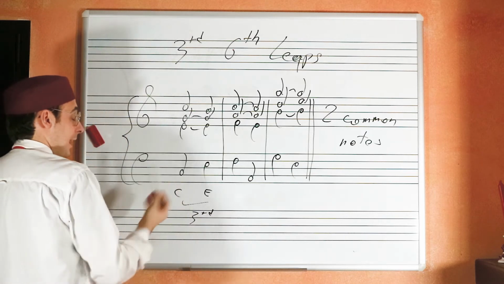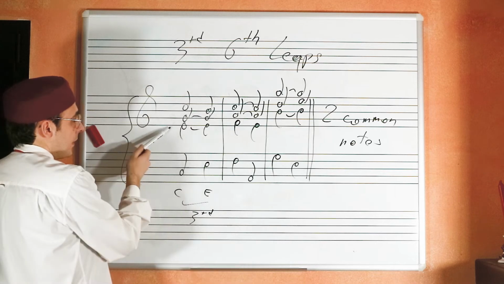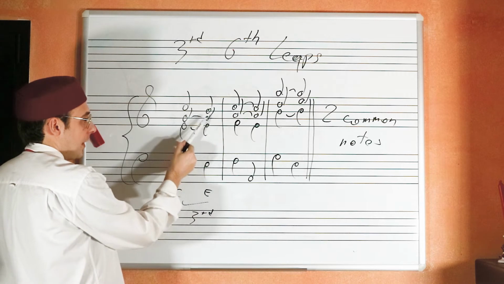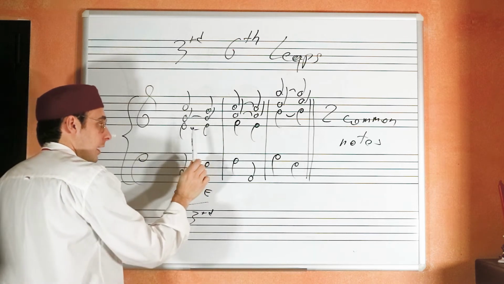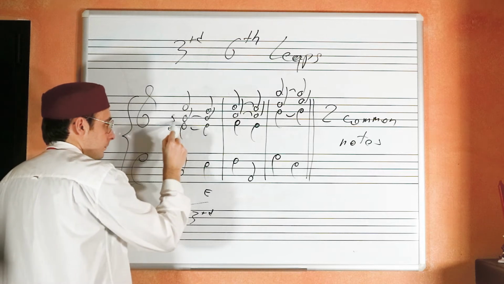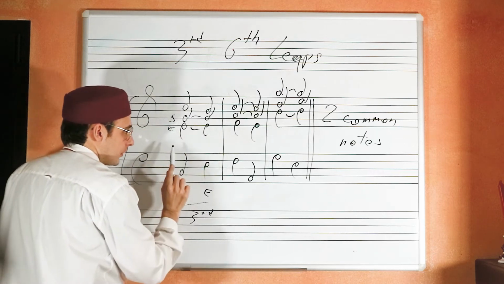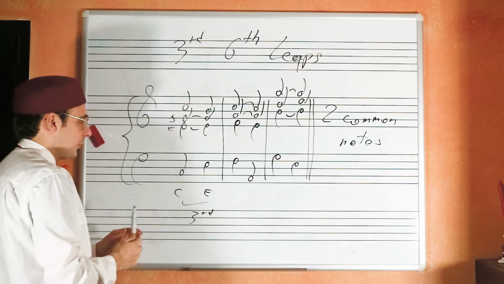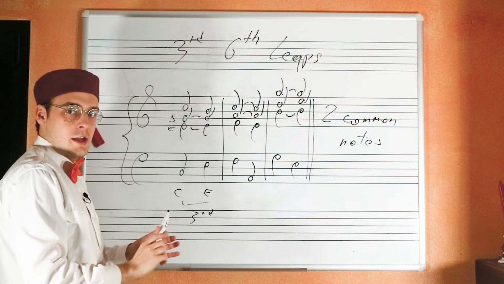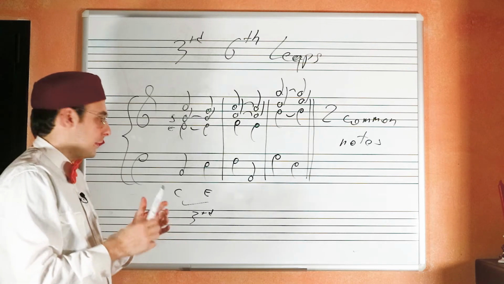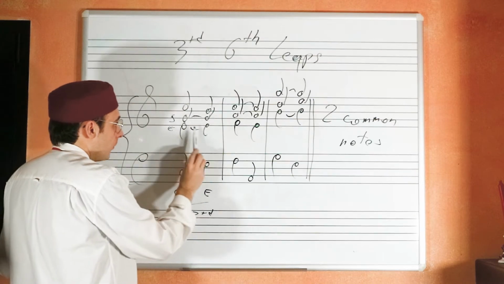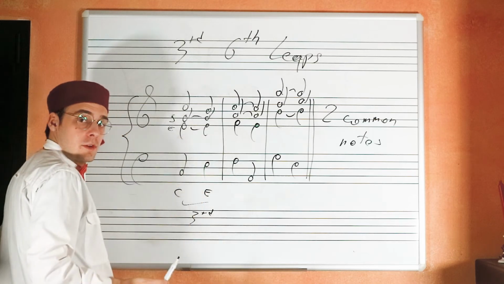So in the right hand, in the harmony, I play E, G and C, and E, G and B. And the common notes are E and G that are in the same voices. So the most important rule of this harmony realization in the first exercises is to keep the common notes in the same voices.